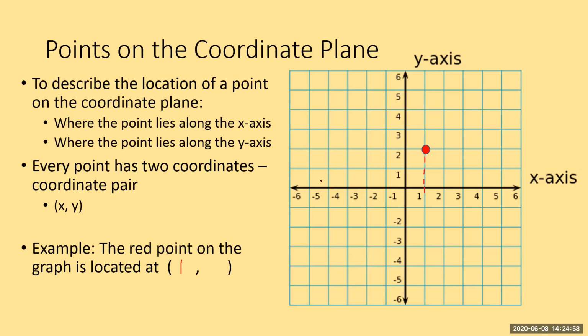I'm going to fill that in. And then when I look to see where it's lined up along the y-axis, it is lined up with 2. So the coordinates of this red point would be (1, 2). So let's say I asked you, hey, what are the coordinates of this red point? You would say the coordinates are (1, 2).